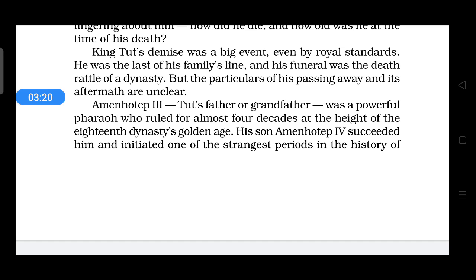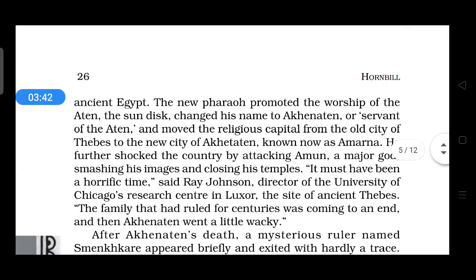Amenhotep III, Tut's father or grandfather, was a powerful pharaoh who ruled for almost 4 decades at the height of the 18th dynasty golden age. His son Amenhotep IV succeeded him and initiated one of the strangest periods in the history of ancient Egypt.